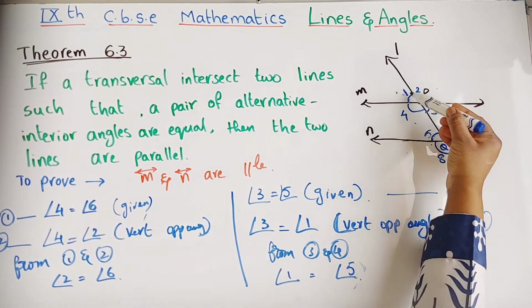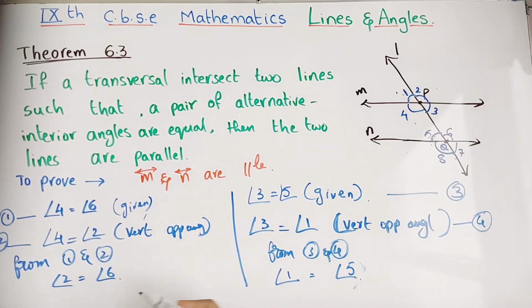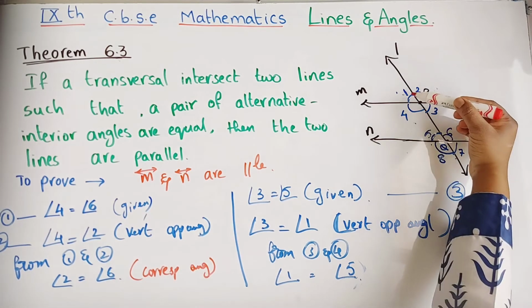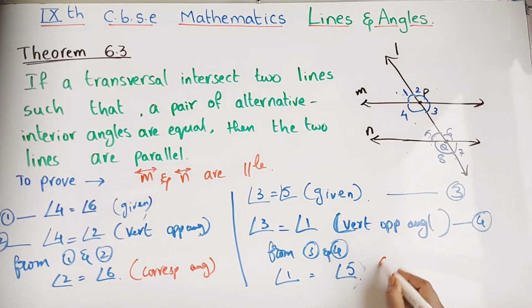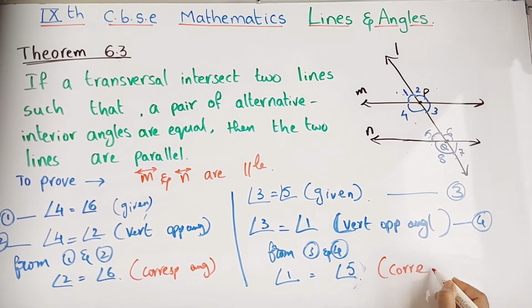Now you see angle 1 equal to angle 5 here, angle 2 equal to angle 6. If you see angle 2 and angle 6, these are corresponding angles. If you see angle 1 equal to angle 5, these both are also corresponding angles. So here corresponding angles are equal.